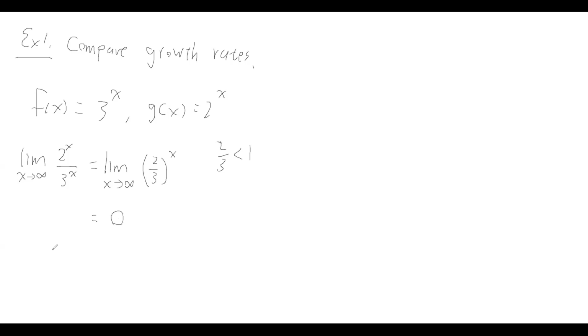Now, from our definition earlier, we know that if we take the quotient of two functions and we get 0, it means that the function in the numerator, in this case 2 to the x, is slower than f of x, which is 3 to the x in this case.